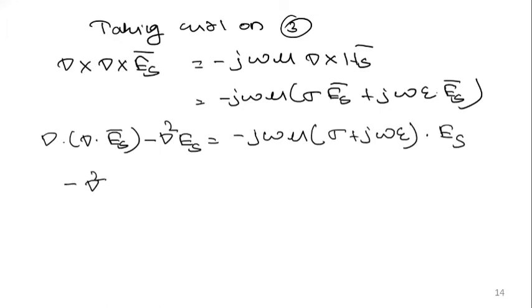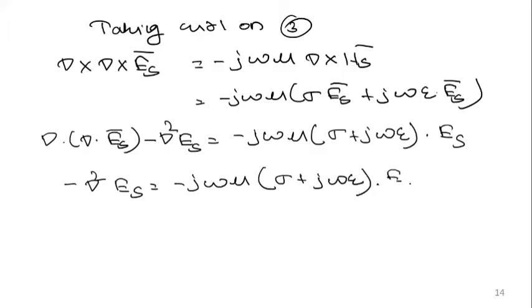So minus del square Es is equal to minus j omega mu into sigma plus j omega epsilon into Es. From equation 1, you know that del dot Es is equal to 0. That's how we took this as 0.